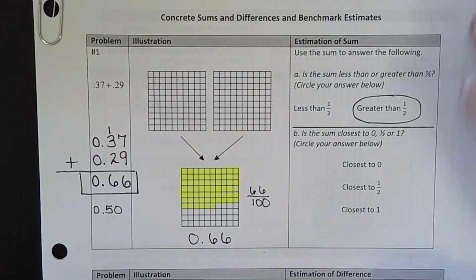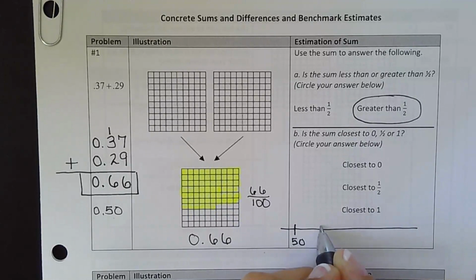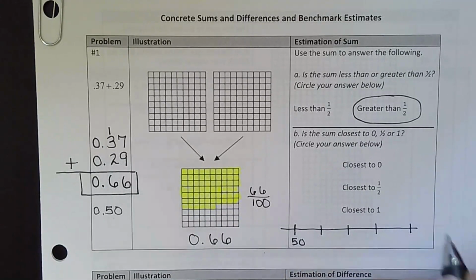And then they want to know, what is it closest to? Is it closest to 0? Is it closest to a half? Or is it closest to 1? So what we could do is 50, 60, 70, 80, 90, 100.